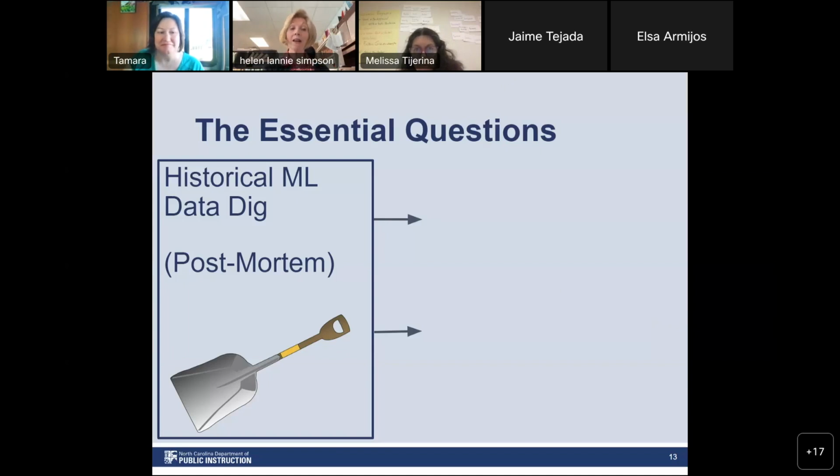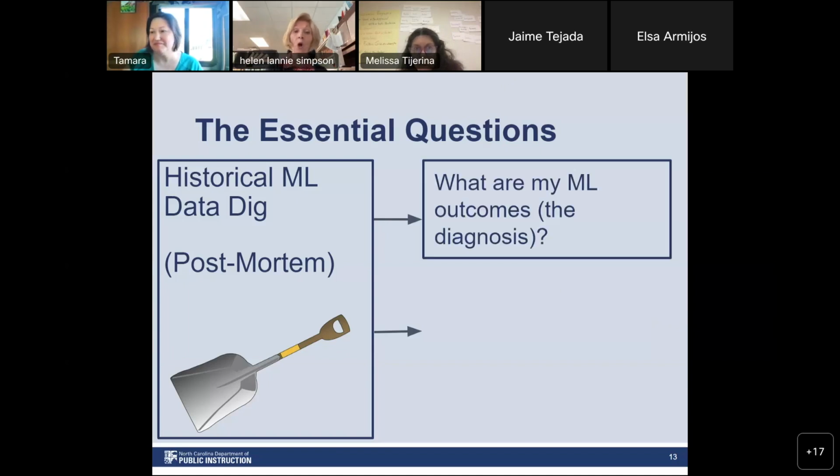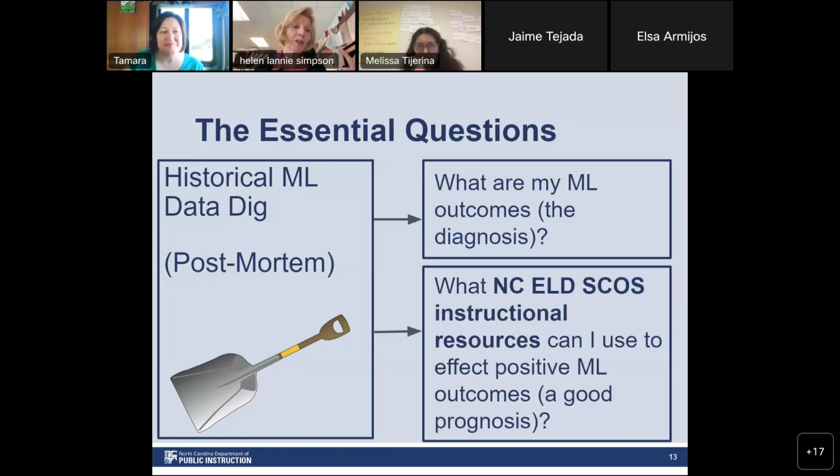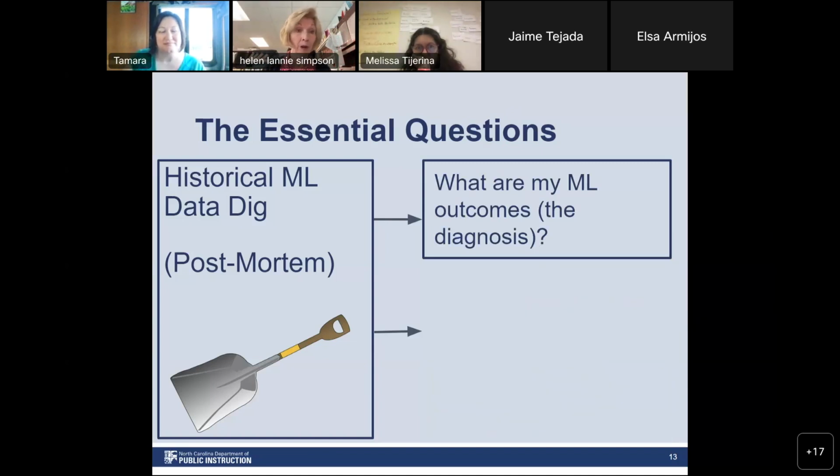So our next question would be, well, what are my ML outcomes? What's the diagnosis? That's what you guys just did a deep dive on. You looked at how your kids were performing on EL progress. In other words, were they meeting their annual target goal or not? What percentage of your kids met? And so, how did we do?